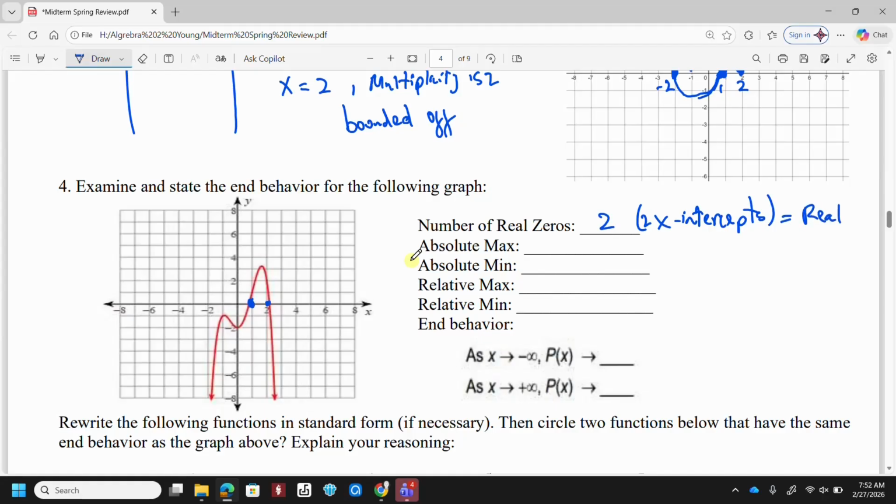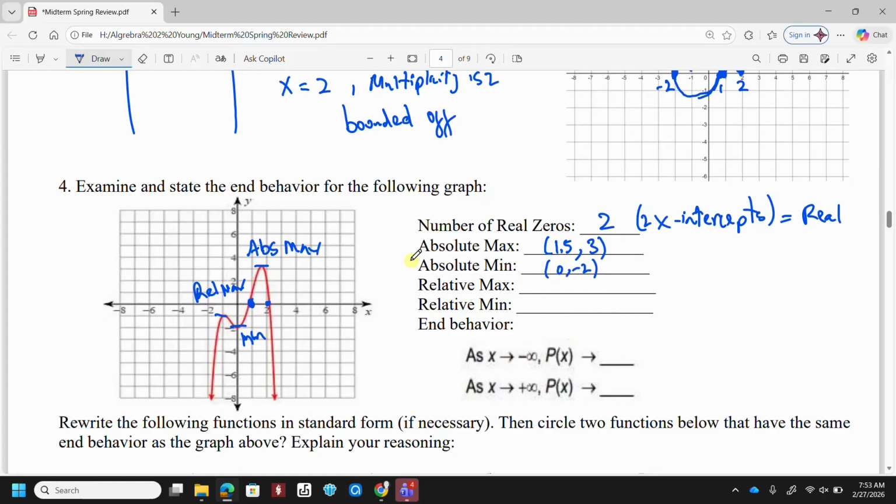Absolute maximum, this is a maximum. This is the absolute max. And this is the relative max. So the absolute max is, I guess we can say, 1.5, 3. The minimum is right there. So it's 0, -2.